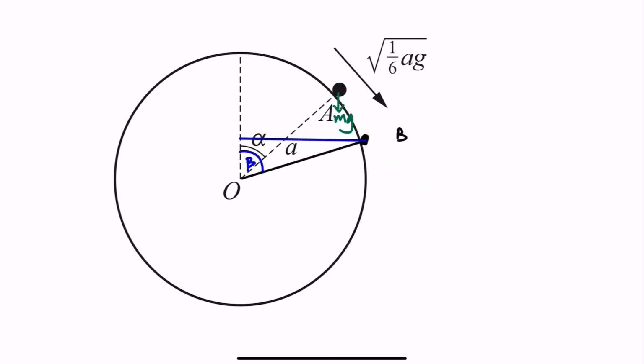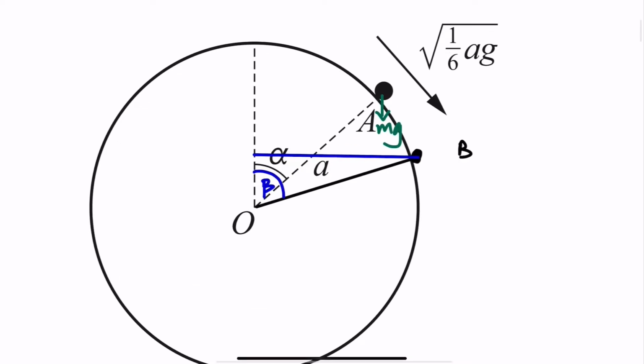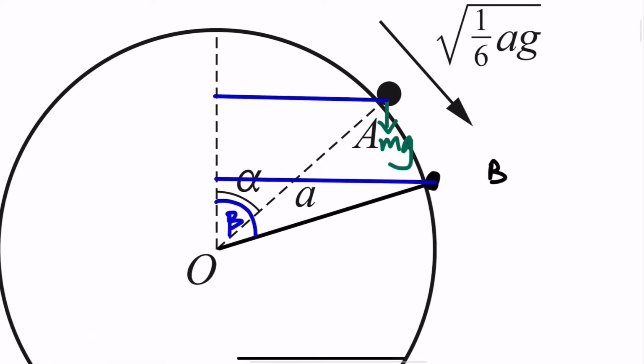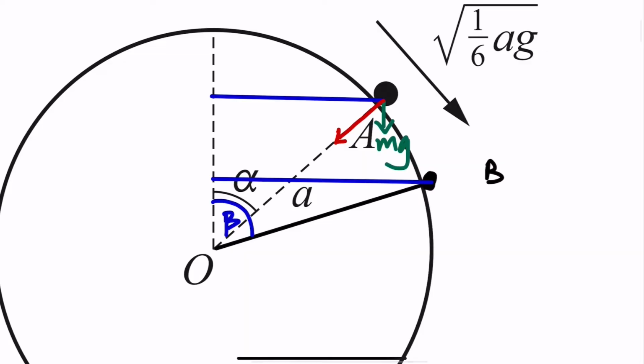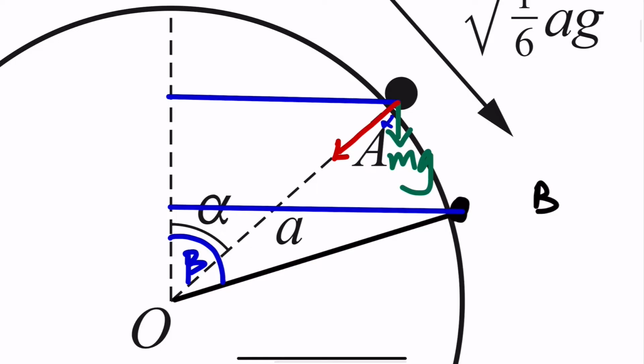So as we know, this angle is alpha, so now we have this angle as alpha too, right?